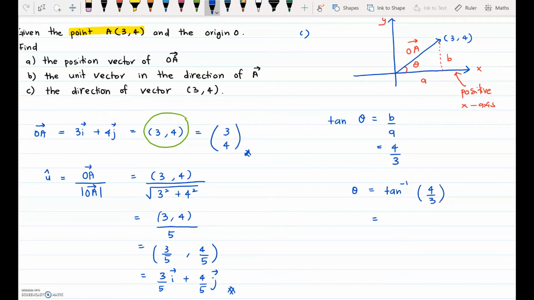If you calculate, you will get 53.13 degrees. If you want to write in radians, you multiply by pi over 180 degrees and you will get 0.9273 radian. So this is the answer for C.